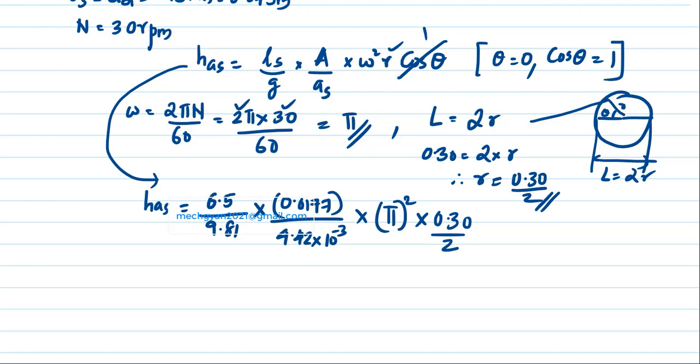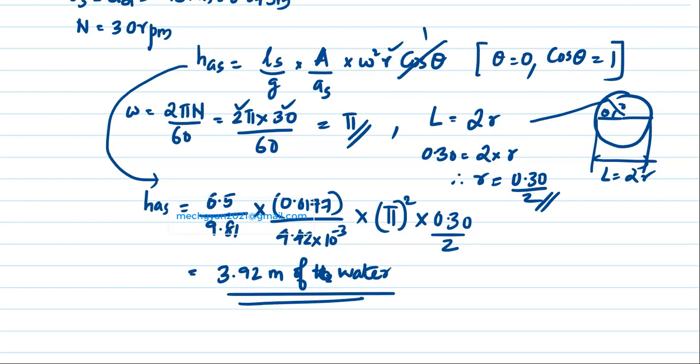On simplifying we will get the value as 3.92 meters of water. We write water rather than writing H2O.